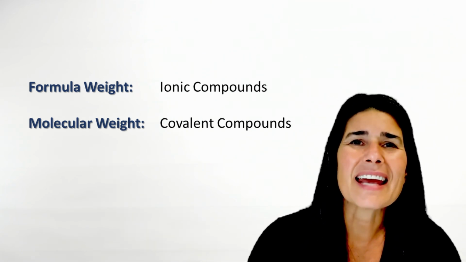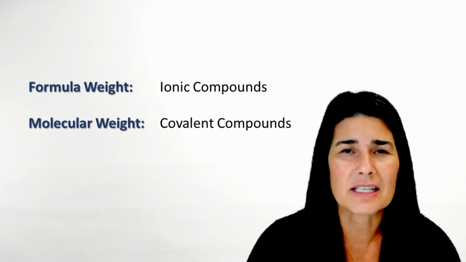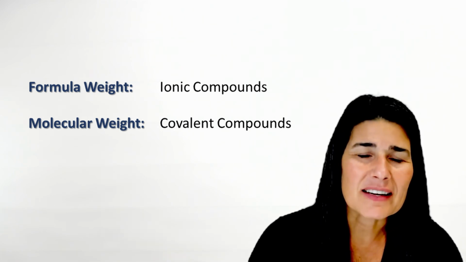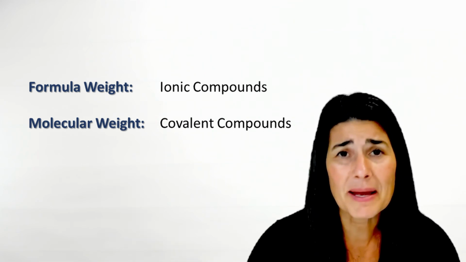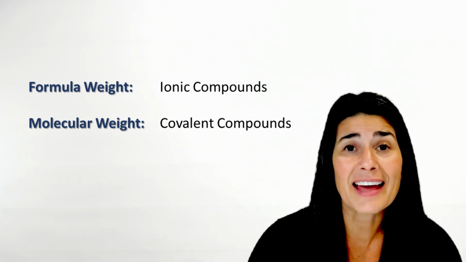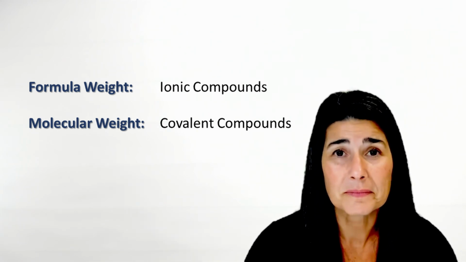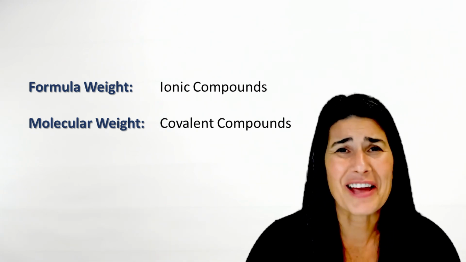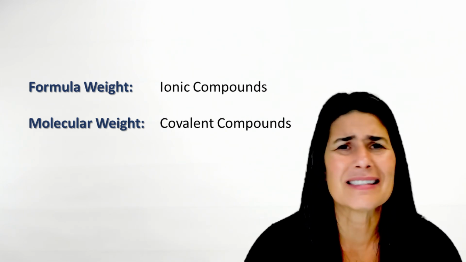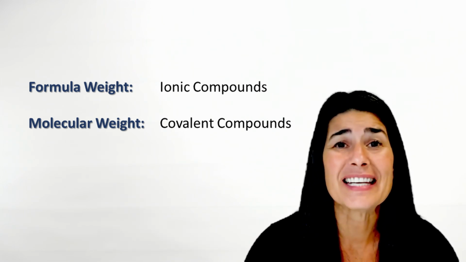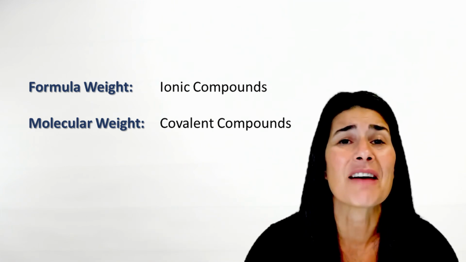So we're just adding up the weight for the formula that's shown. It's a formula weight. Molecular weight is the term that we use for covalent compounds because covalent compounds come as molecules. So we're adding up the masses of all the elements within that molecule. But either way, you do the same thing. All you're going to do is add up the individual masses of those elements within that formula.